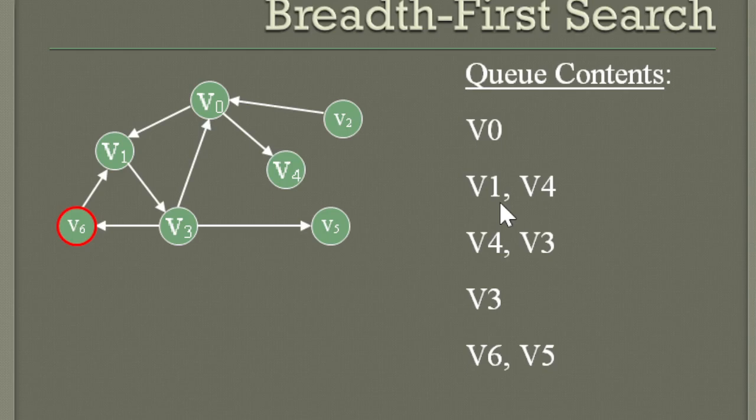For V6, all the adjacent nodes are inserted in the queue. So V6 is deleted. Then consider V5. All the adjacent nodes are inserted. So V5 is deleted from the queue. Then finally the queue is empty. This is the final or terminating condition.